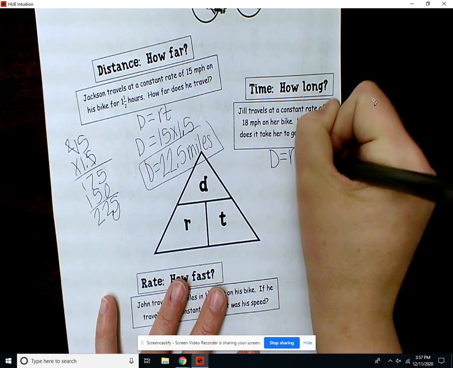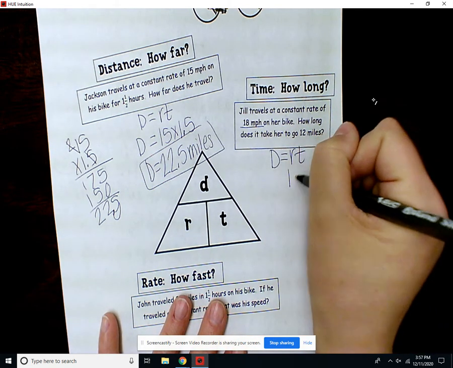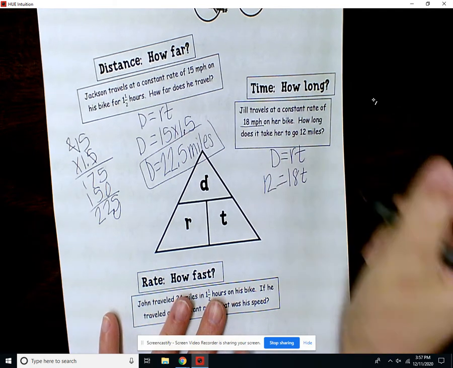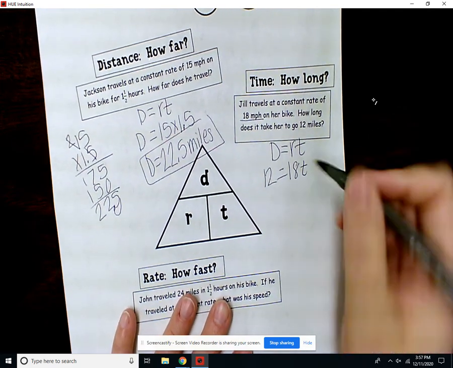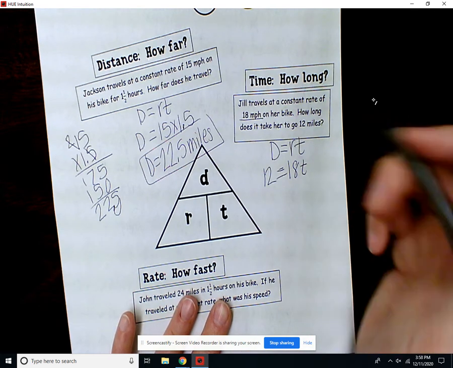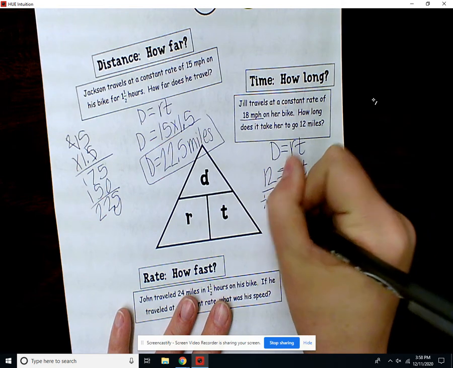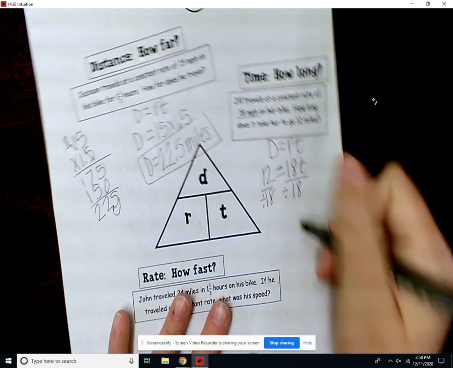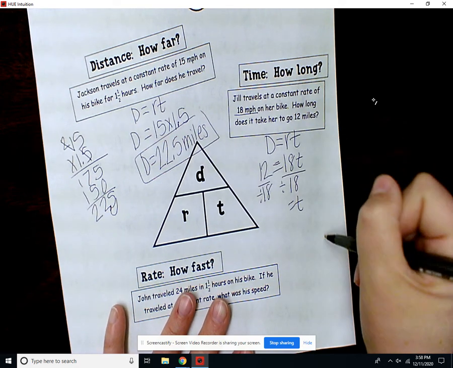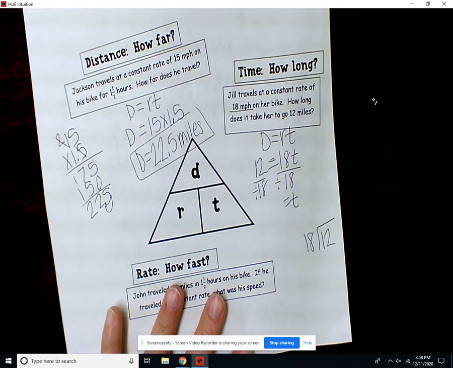So we write our formula. D equals RT. 18 miles per hour is our rate. 12 miles is our distance, so we are looking for our time. So again, it's like a one-step equation. So we're looking for T. Divide both sides by 18. So this one's kind of a weird setup. So the number on top is going to go on the inside, 18 on the outside.